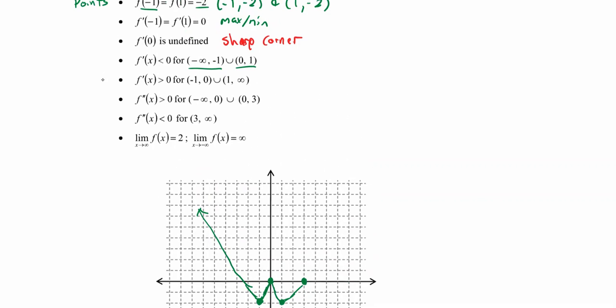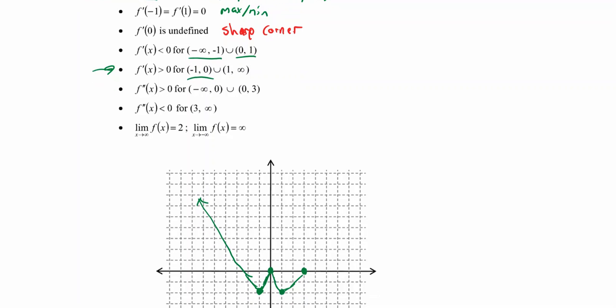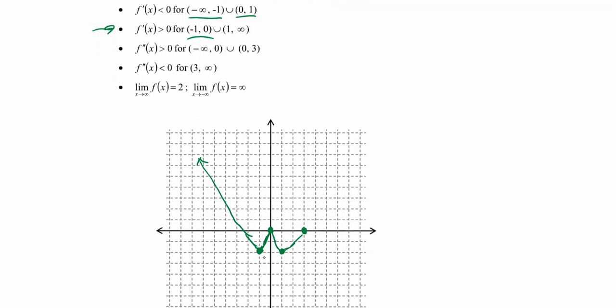So now the next one. It says the derivative of x is greater than 0 on this interval. And that would be where the slope is positive, right? So where it's increasing. Just double checking with my little sketch, negative 1 to 0, it should be increasing. Yep, negative 1 to 0, we're looking good there.